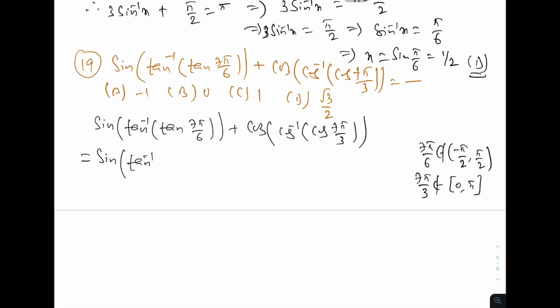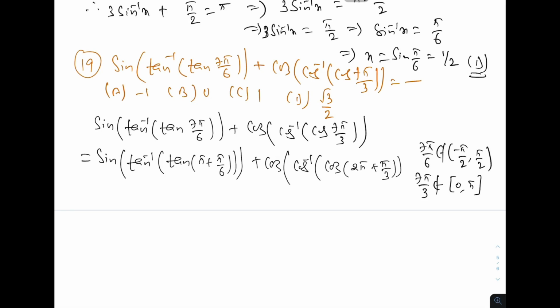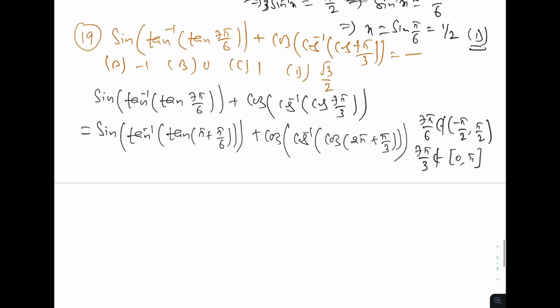Tan inverse, I can write tan 7 pi by 6 as tan of pi plus pi by 6, plus cosine of cosine inverse, this we can write as cosine of 2 pi plus pi by 3.